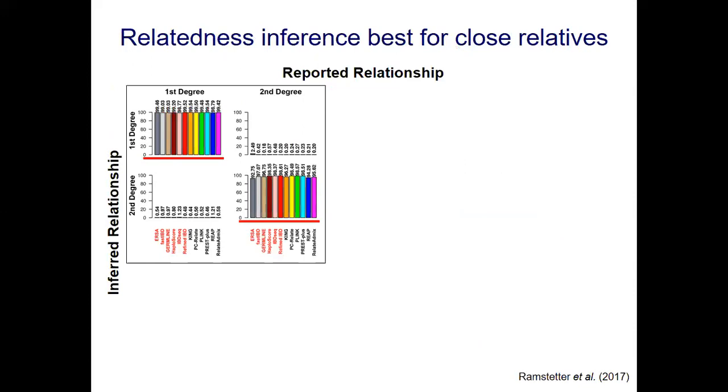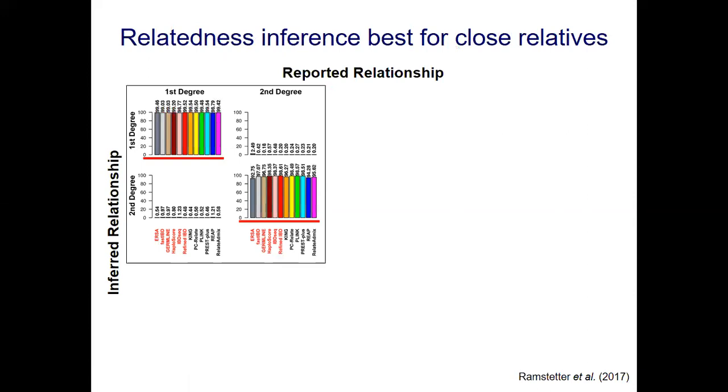This is based on real data, where we have first-degree relatives, for example, parent-child and full sibling relationships, and second-degree relatives, for example, half-siblings, grandparent-grandchild, and aunt-nephew relatives, as reported within this curated data set.